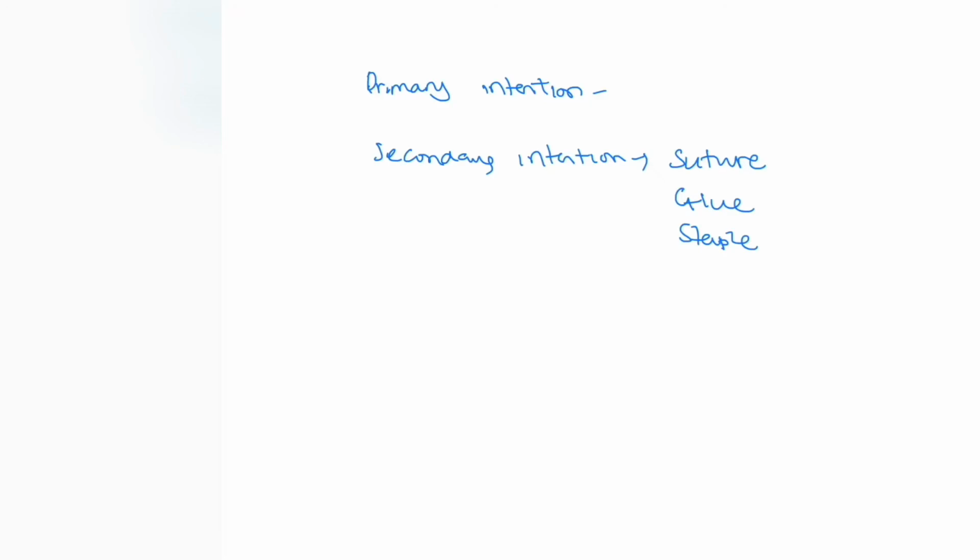Now, there can be complications as they relate to the healing process. One such complication is wound dehiscence. And this is basically when the wound is closed using secondary intention and then after a while it opens without healing. The next thing is keloid.